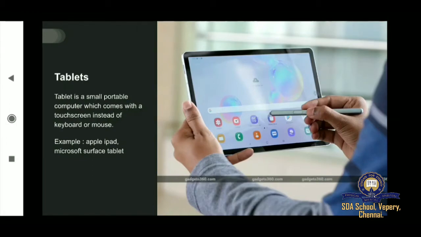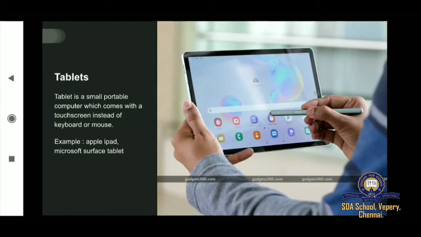When you use a tablet, you don't need a keyboard or a mouse. Instead, you can use your finger and touch the touch screen. You can also use a pen-like thing that is given with the tablets, the stylus pen.